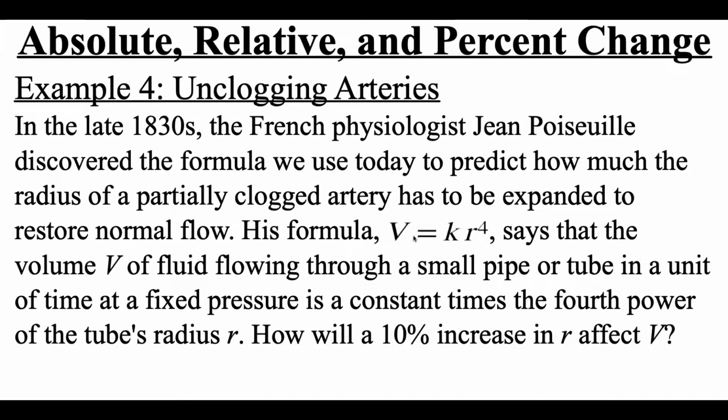His formula was V equals kr to the fourth power, and that says that the volume V of fluid flowing through a small pipe or a tube in a unit of time at a fixed pressure is a constant times the fourth power of the tube's radius r. So we want to figure out how a 10% increase in that radius r will affect the volume V.